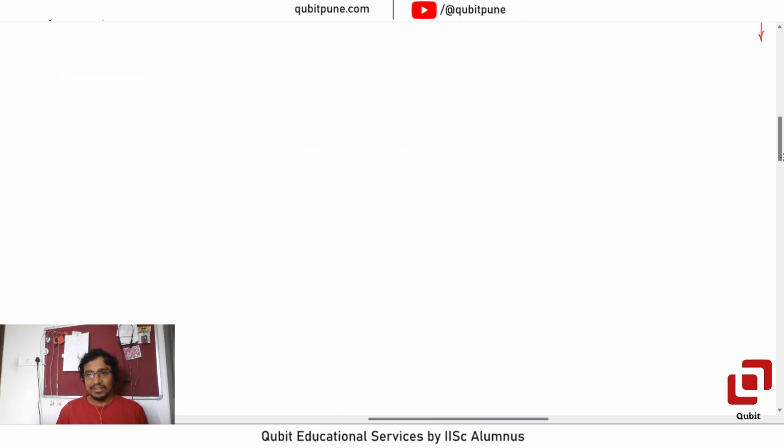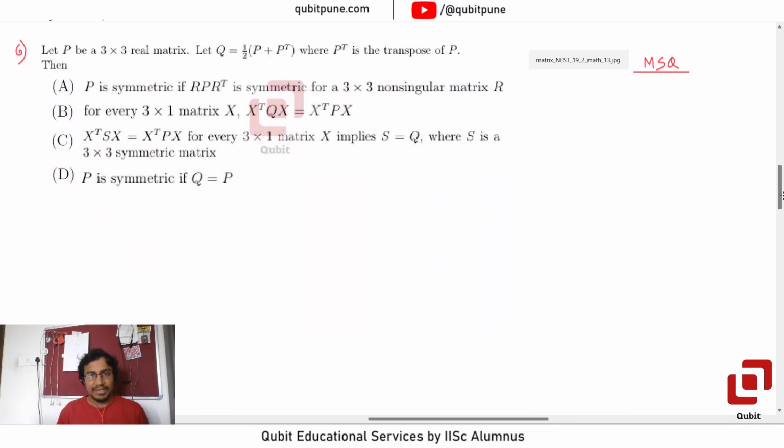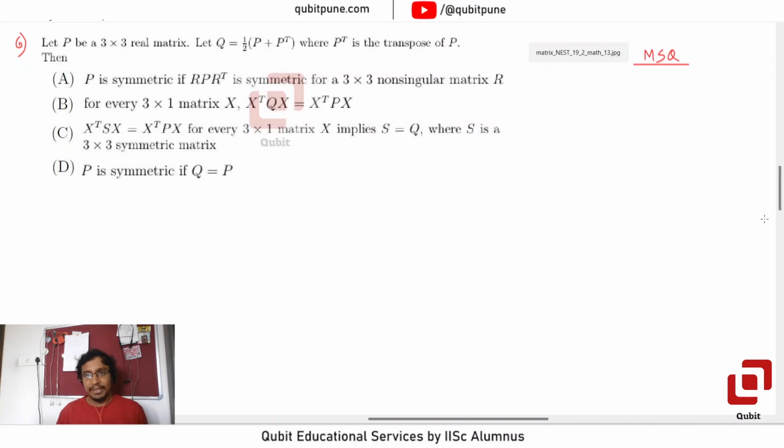Now let's go to this last one from matrices. This is from NEST 19, shift 2. Let P be a 3 by 3 real matrix. Let Q be half into P plus P transposed, where P transposed is the transpose of P. Then A, P is symmetric if RPR transposed is symmetric for a 3 by 3 non-singular matrix R. B, for every 3 by 1 matrix X, X transposed QX is equal to X transposed PX.